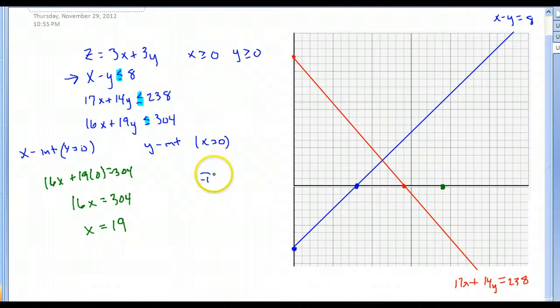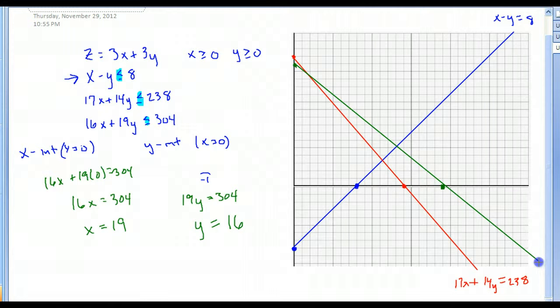So I get 16 times 0, plus 19Y equals 304. Divide both sides by 19, and since 304 divided by 16 was 19, 304 divided by 19 is going to be 16. And then there's 5, 10, 15, there's 16. I'm going to connect those two with a line. Alright, and there are our three lines.